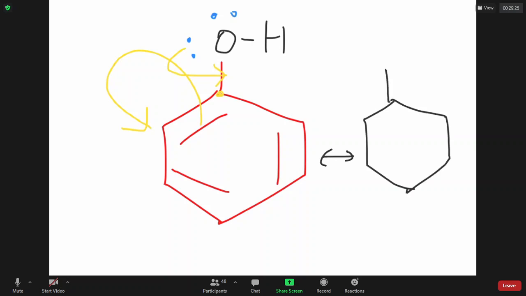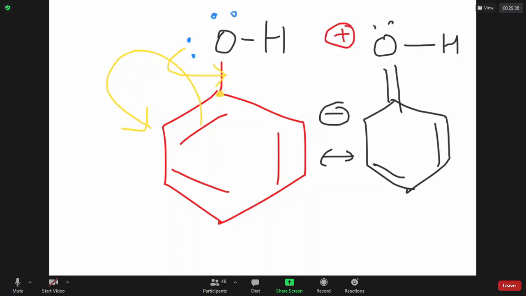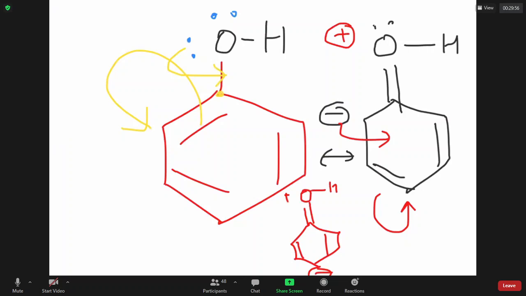Here you got a double bond. This carbon got a minus charge. And the oxygen, because it has donated its lone pair, unfortunately gets a plus charge. Due to resonance, the carbon of the benzene in phenol gets a minus charge and the oxygen gets a plus charge. Again, if it goes here, this carbon gets a minus charge and the oxygen continues to have a positive charge.